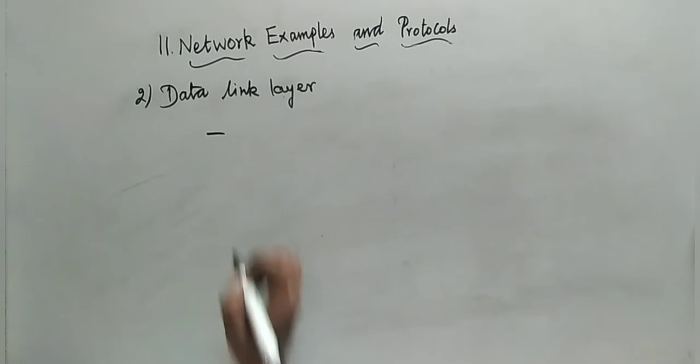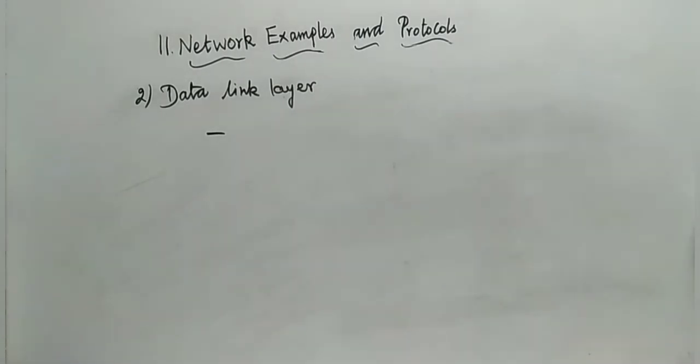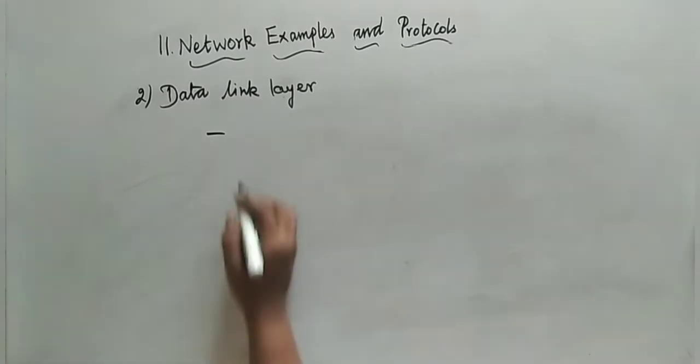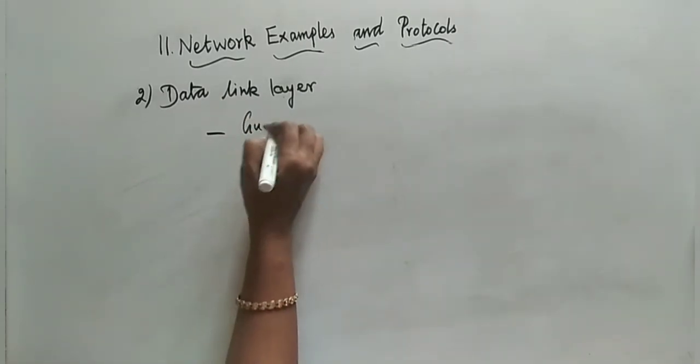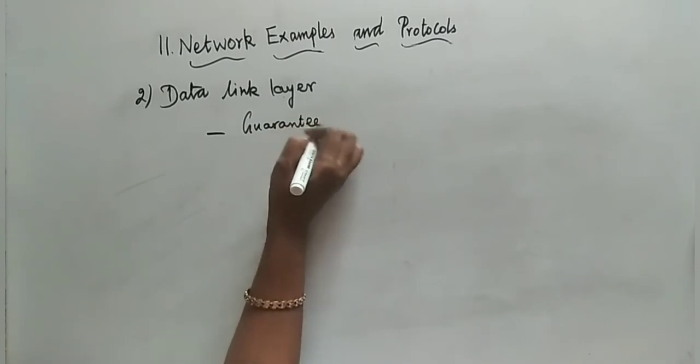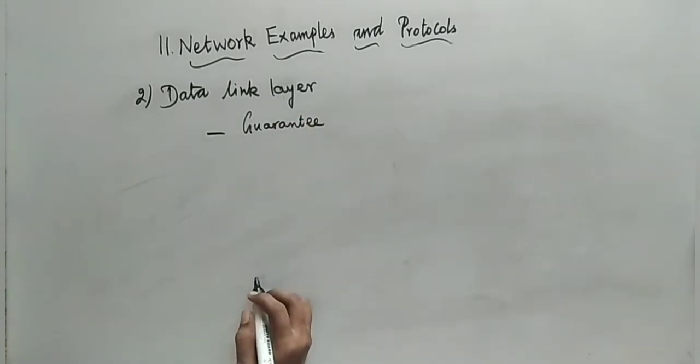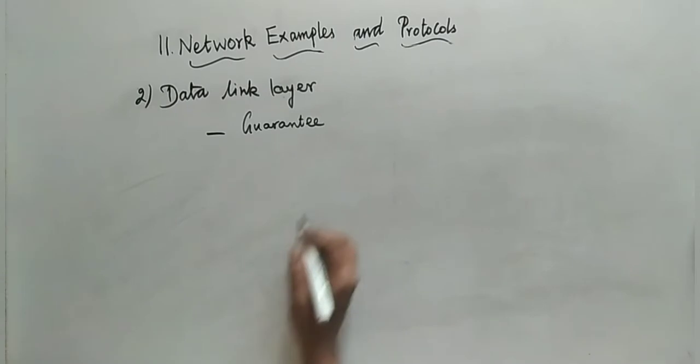The data or information that you are sending will have a link from one computer to the next computer when it is transmitted. This layer guarantees that the data transmitted from one computer to another are free of errors.